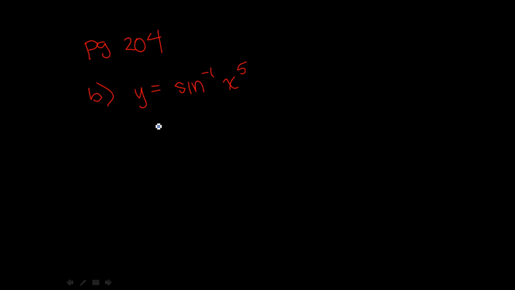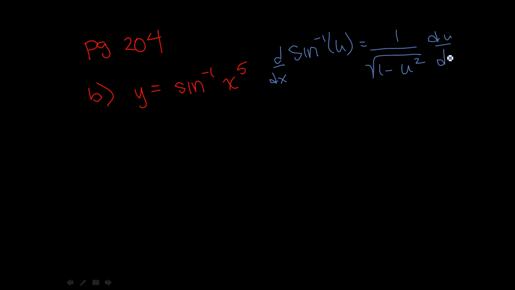Okay, on B, we're going to use the formula. Let me write it. Inverse sine of u equals 1 over the square root of 1 minus u squared times du dx. So in this case, the u is x to the 5th power. So I'm going to come over here and just fill in that equation.